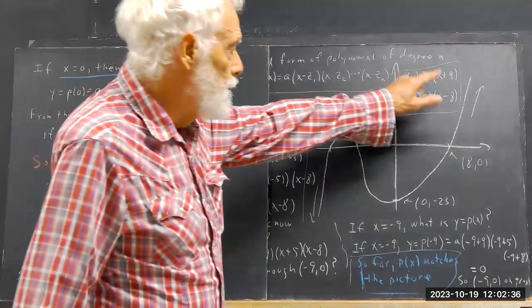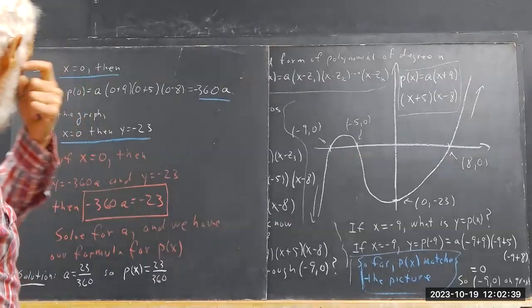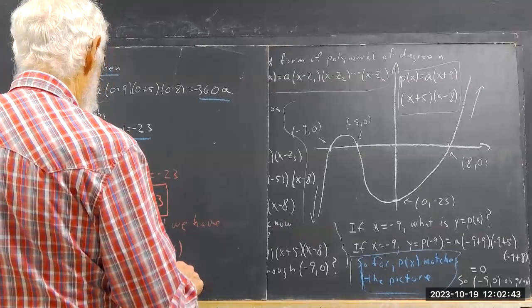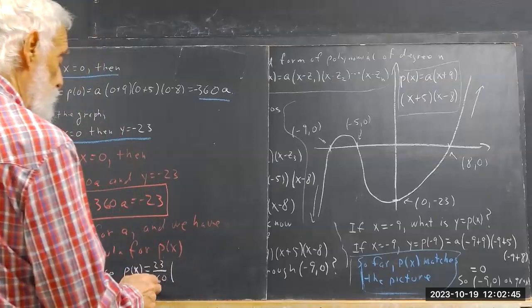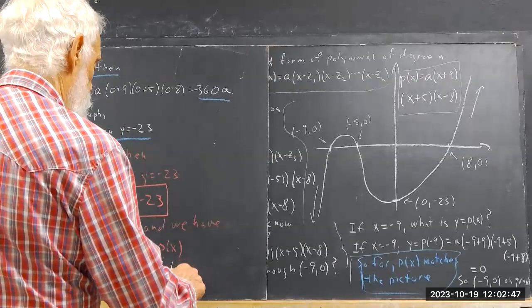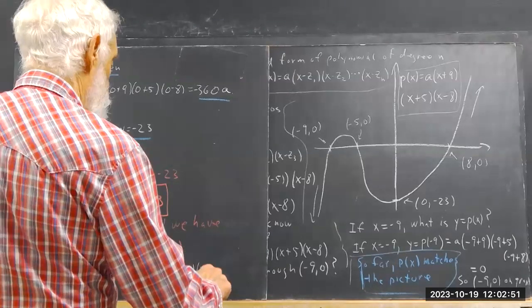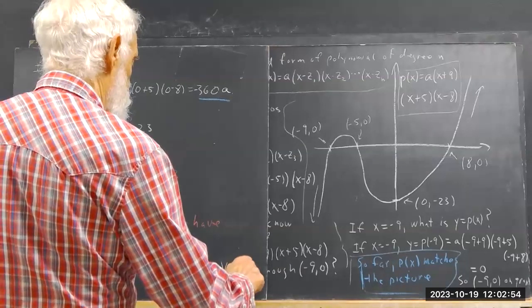Well, P of x is a times x plus 9 times x plus 5 times x minus 8. Well, a, which is 23 over 360, times x plus 9 times x plus 5 times x minus 8.